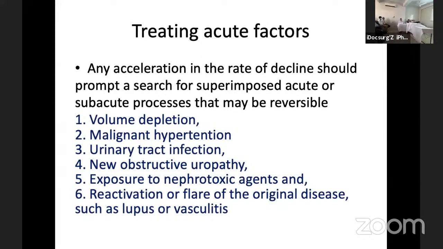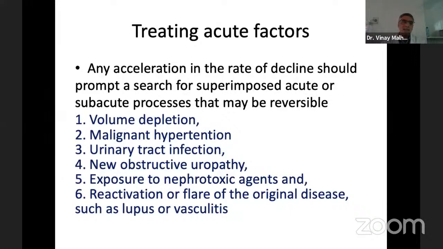Exposure to nephrotoxic agents. This is very important. Many times we see calls and references from other units, other departments, and we find that the CKD patient is exposed to nephrotoxic agents. These nephrotoxic agents may be in the form of antibiotics like aminoglycosides, or analgesics like non-steroidal anti-inflammatory drugs.